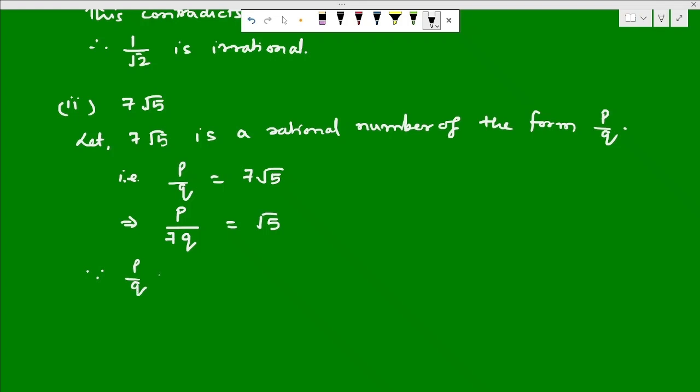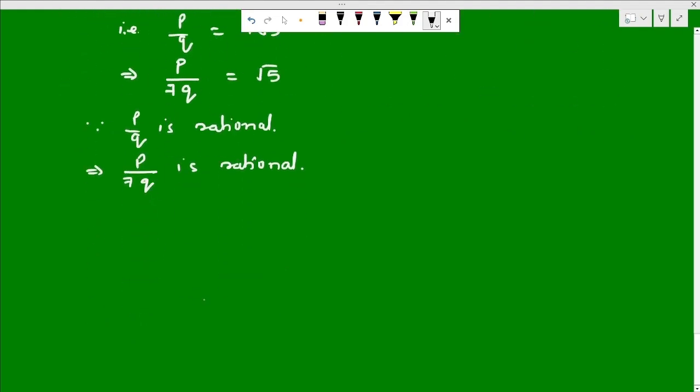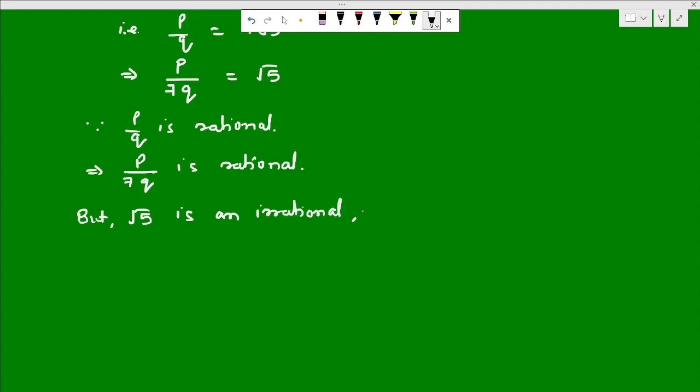Since P upon Q is rational, it implies that P upon 7Q is rational, but the RHS, that means root 5, is irrational, and a rational can never be equal to an irrational.